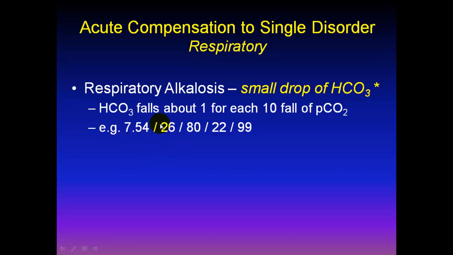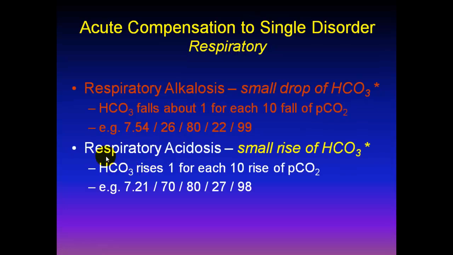So in this example, the PCO2 has fallen about 14, so the bicarbonate has fallen from around 24 to 22, around 1 or 2. So the bicarb tracks the PCO2 acutely, and in just a minute I'm going to show you how that happens. The opposite is true for respiratory acidosis. As the PCO2 rises, there is a small rise of the bicarb.